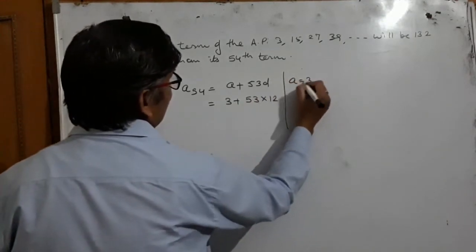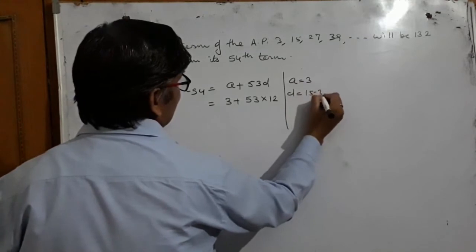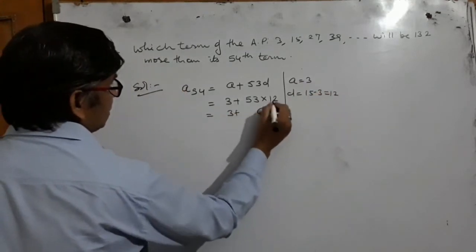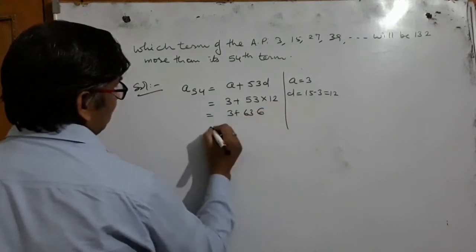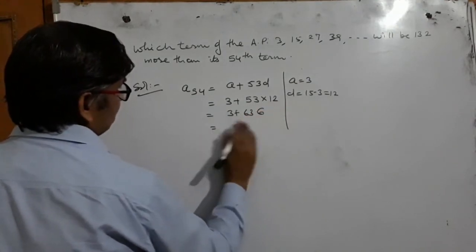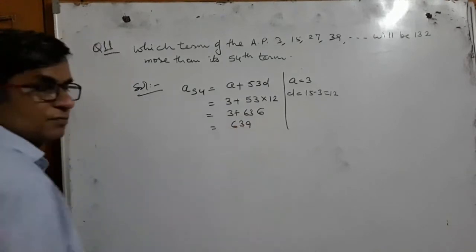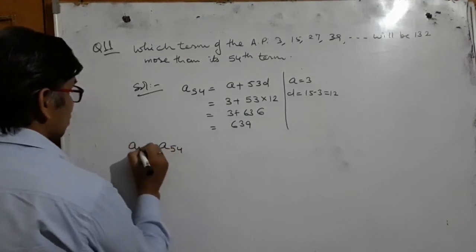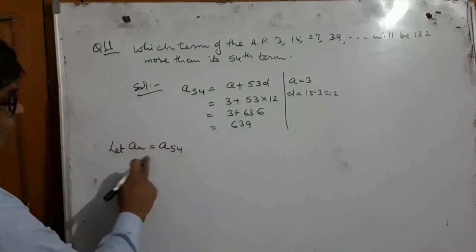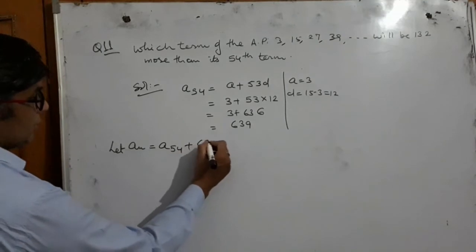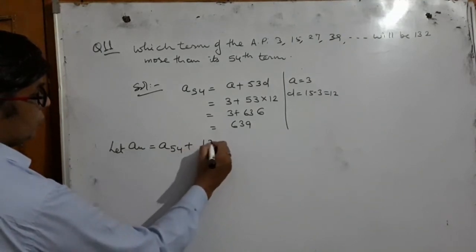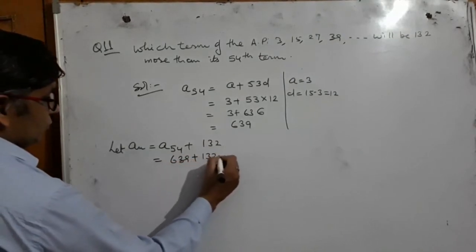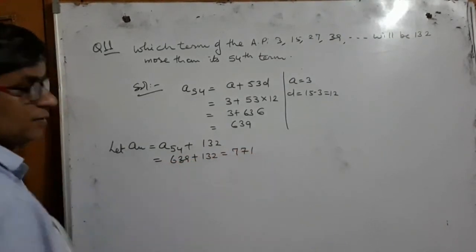A is 3 and D is 15 minus 3, that is 12. So 3 plus 12 times 53 gives 636, so A54 is 639. Suppose an equals A54 plus 132. So 639 plus 132, this is 771.